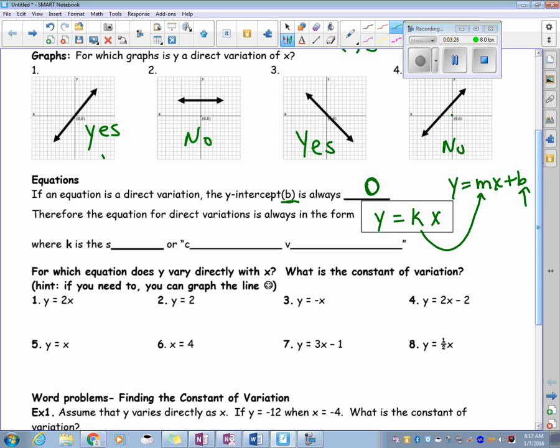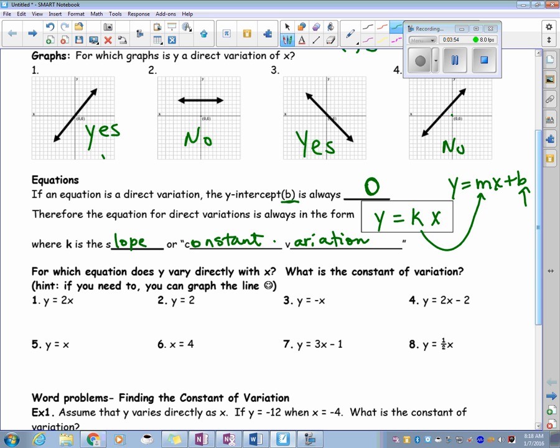K is the slope, or constant of variation. Let's look at some equations. We're looking for two things. They need to be a line, and they need to have a b of 0.